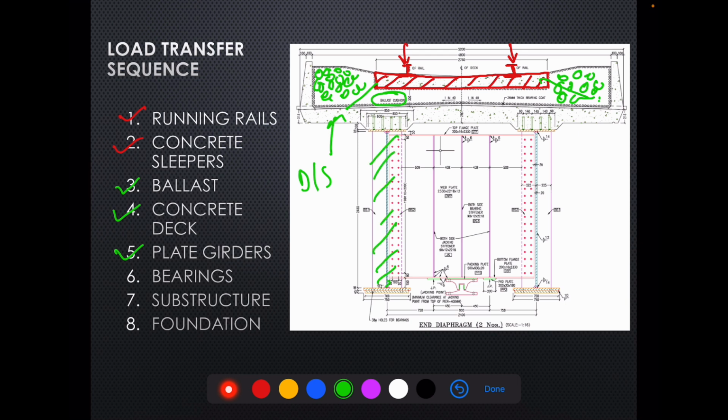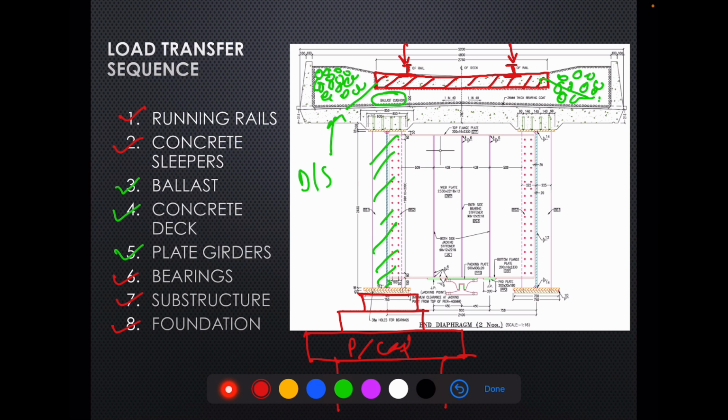And now from plate girders, it comes down below to the bearing, from bearing to the pedestal, from pedestal to the pier cap, and from pier cap to the pier and the substructure, and then to the foundation. So it's quite simple.